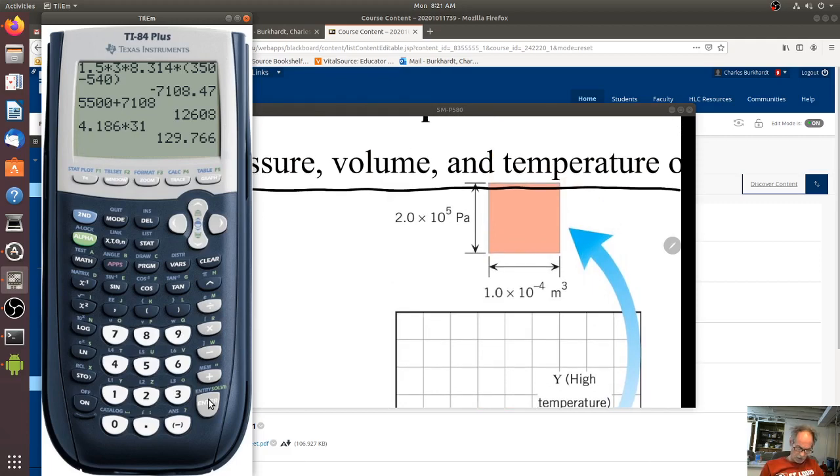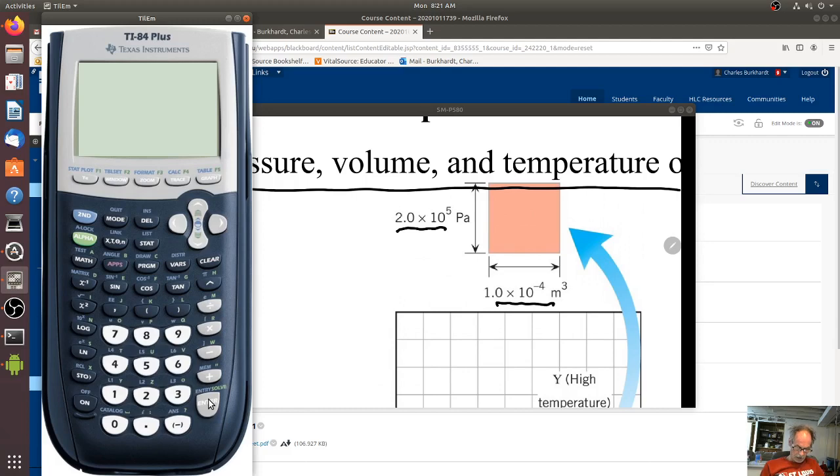Each little square here is a work of this times this, the area of that little square. So I'll call it little w. The work encompassed in a little square on this diagram is 2 times 10 to the 5th.